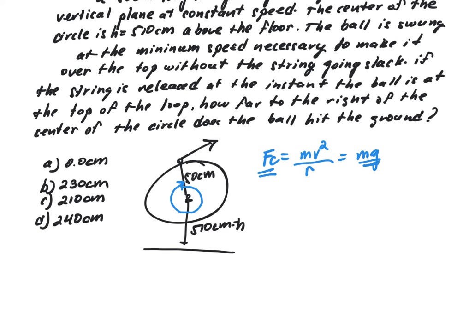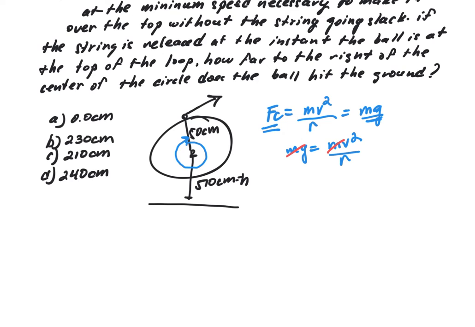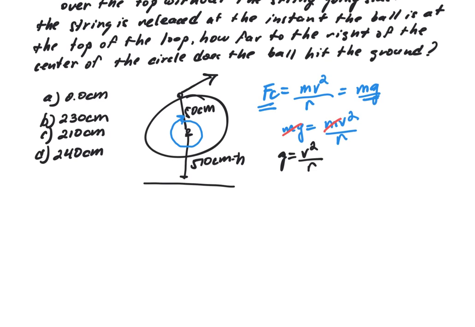It's the same thing. So mg equals mv squared over radius. The masses are gonna cancel each other out. We're left with g equals v squared over radius, and we're gonna solve for v.